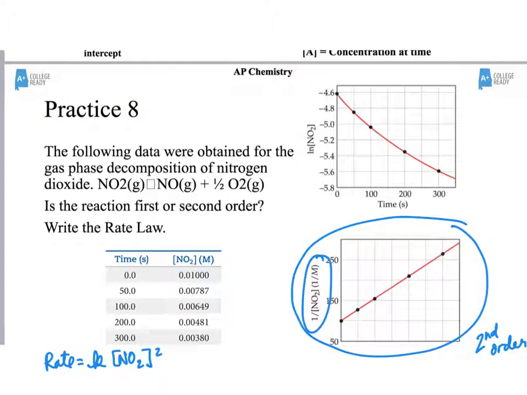Have a data table. And since we have a data table, can we find slope? We have some data. Take 2 points. We know it's a straight line. If we take the inverses, we can find the slope.